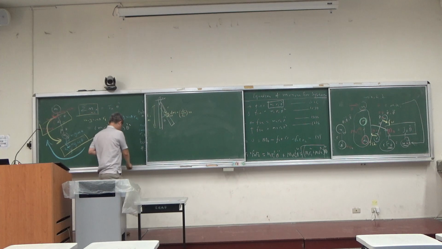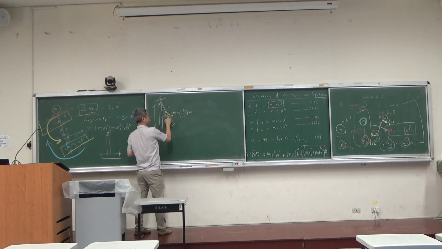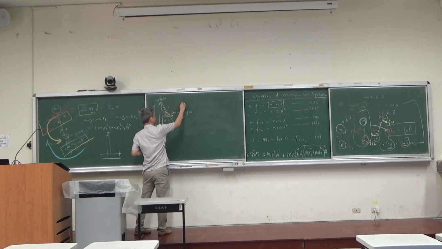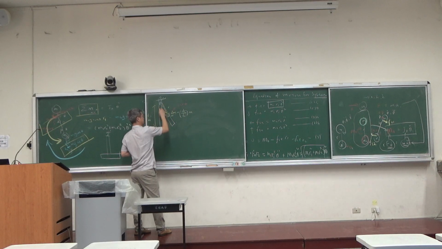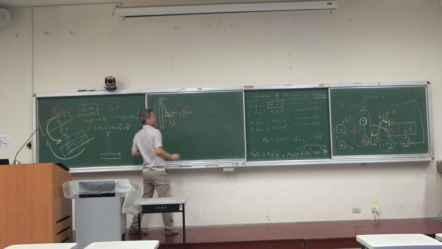Then next, how much is the distance traveled by this small mass? It travels s equal to r theta. It travels with the speed of r theta dot.